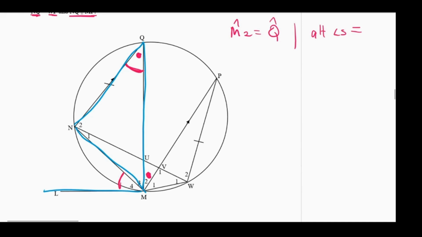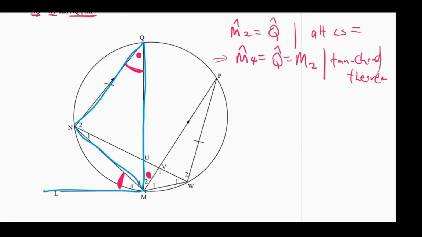So we're going to say M4 is equal to Q is equal to M2, right? So the reason for this is tan chord theorem. So now we've proven that M2 is actually equal to Q, and M4 as well, so they are all equal.